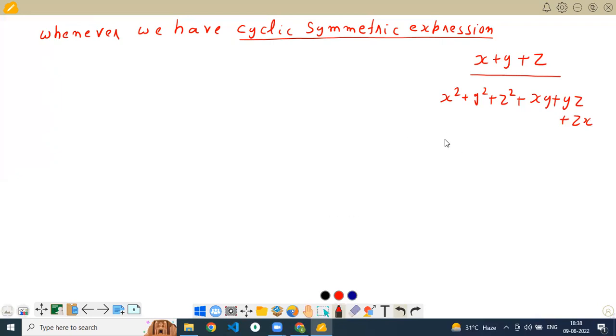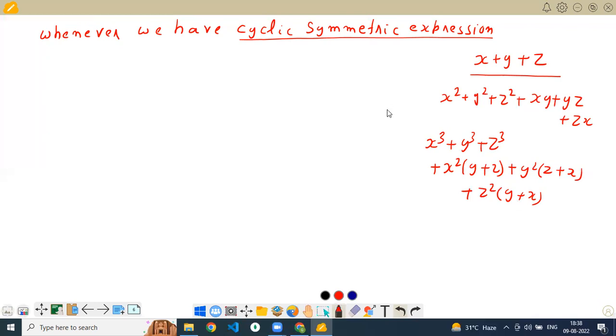Or if you write it as x cube plus y cube plus z cube plus x square into y plus z, plus y square into z plus x, plus z square into y plus x, again if you replace x by y, y by z, and z by x, nothing will change. It will remain as it is. Is that clear? Yes, sir.